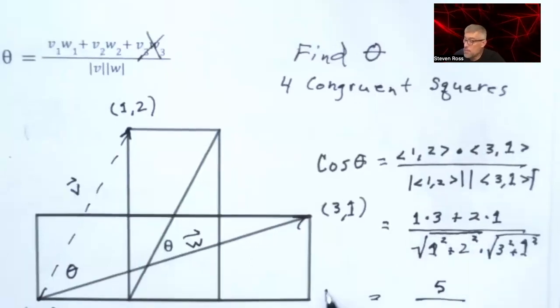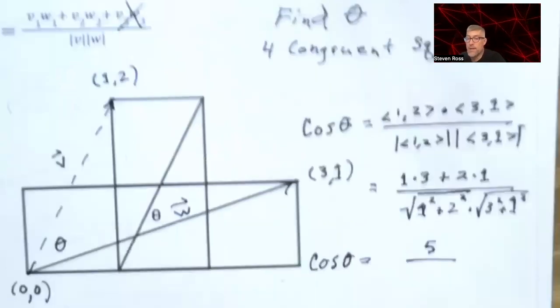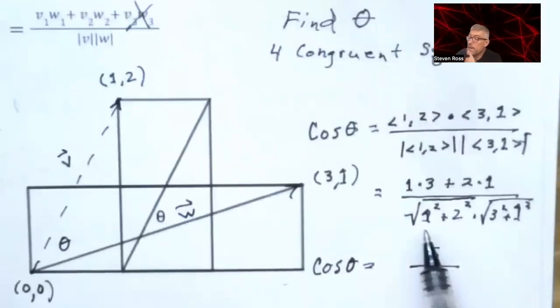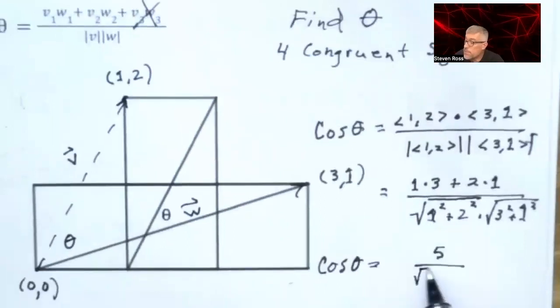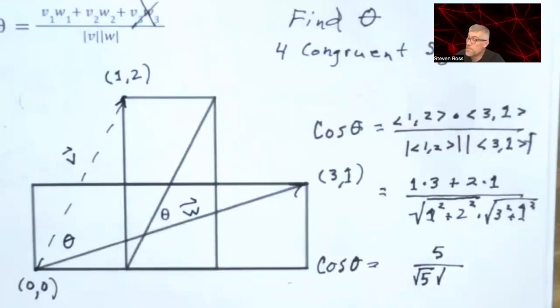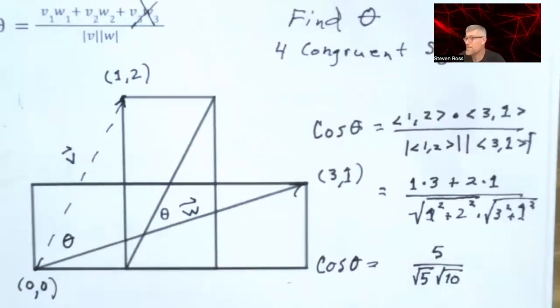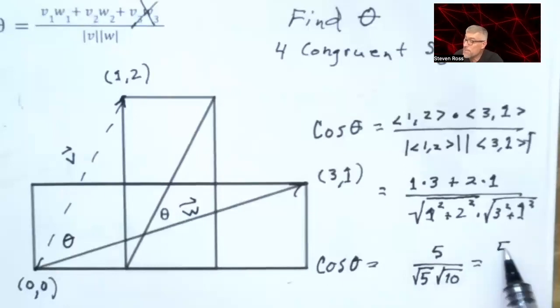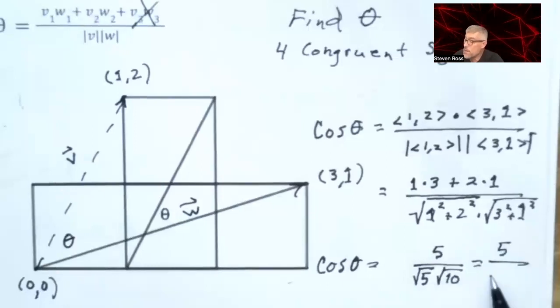And maybe I'll remind myself that that is the cosine of theta. And divided by the square root of 2 squared, 4 plus 1, is square root of 5. And that's times 3 squared is 9 plus 1 is 10. Square root of 10. And that is equal to 5 divided by the square root of 50.